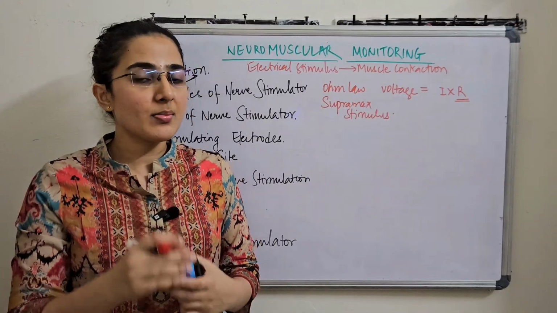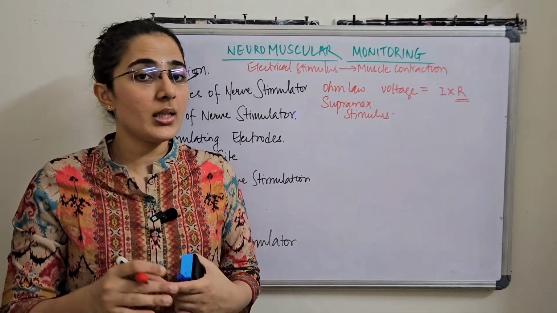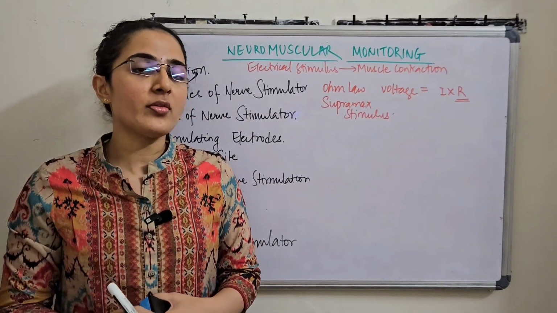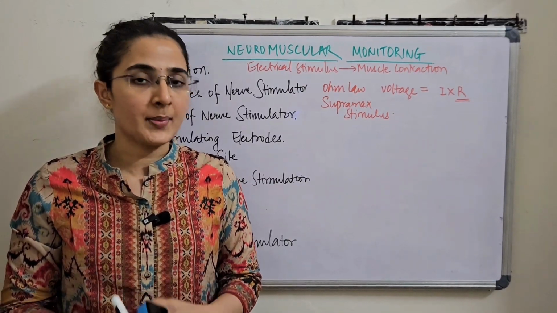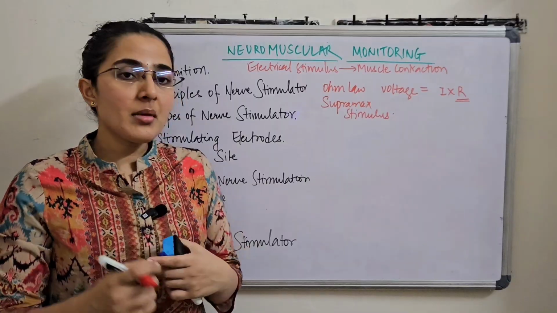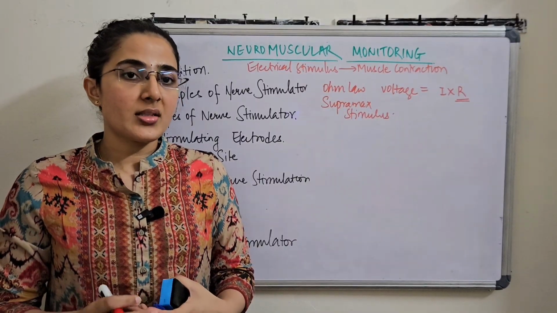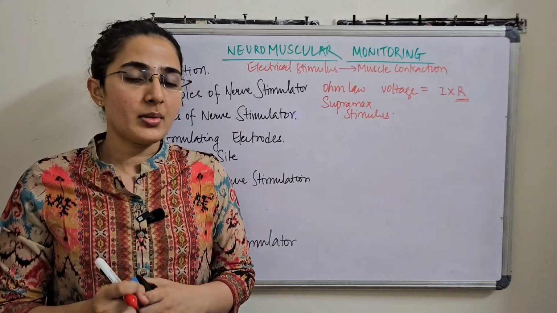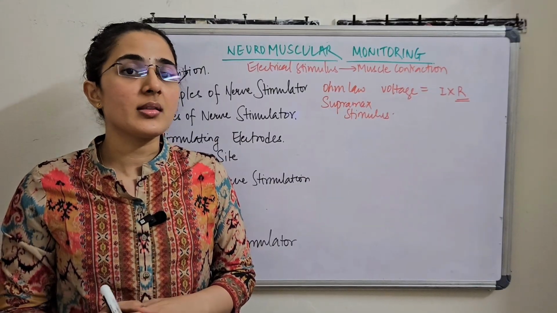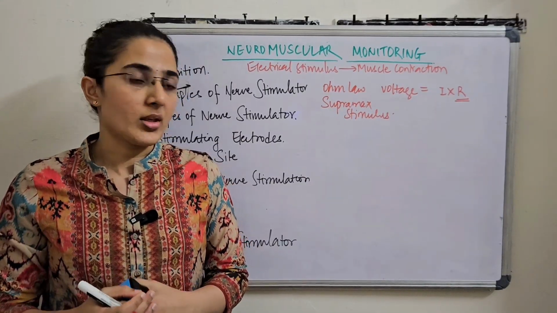Remember that muscle fibers always follow the all or none phenomenon, and the force of contraction depends upon the number of muscle fibers that are contracting. So the maximum amount of current required to cause contraction of all the muscle fibers and produce a maximum response is called the maximal stimulus.